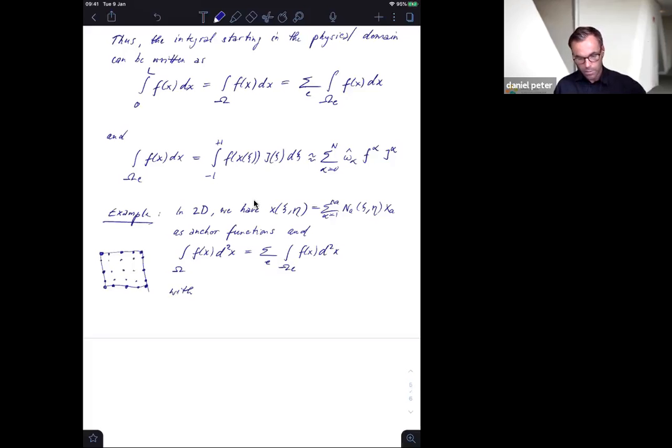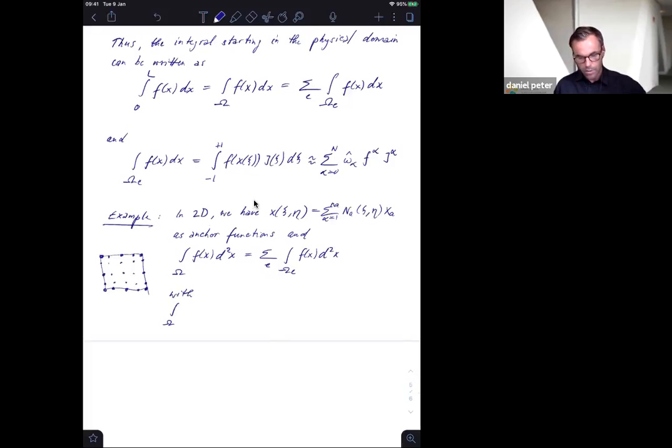And so our integral over the finite element in 2D would then be the double integral from -1 to +1 of f of x of xi and eta, times the Jacobian, which will also depend on xi and eta, times d xi times d eta.